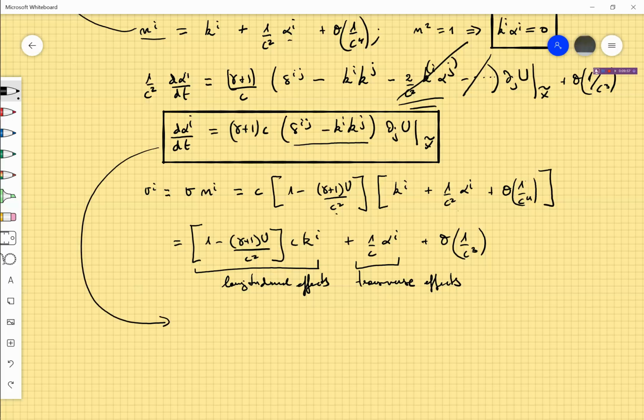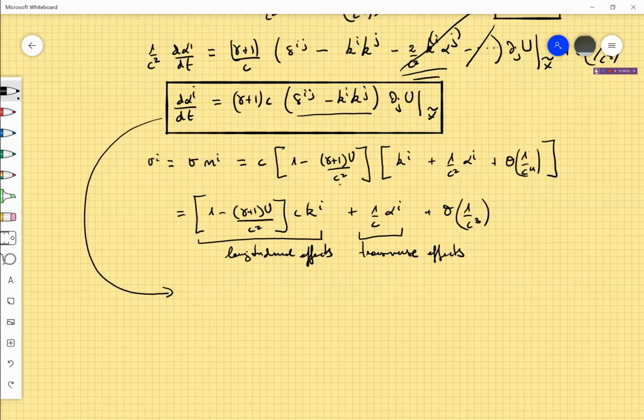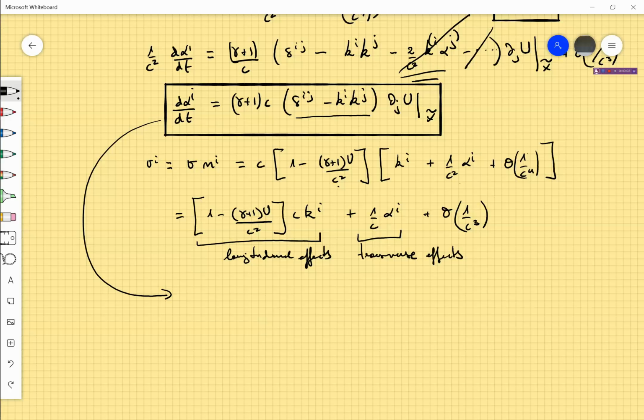For this, we need the partial derivatives of the Newtonian potential, which we remember was given by this integral, just because it is the solution to the Poisson equation.